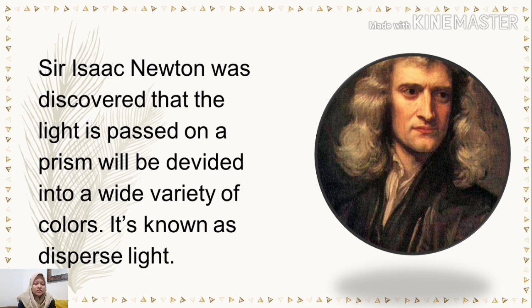Newton observed that when a narrow beam of sunlight strikes the face of a glass prism at an angle, some is reflected and some of the beam passes into and through the glass, emerging as different colored bands.